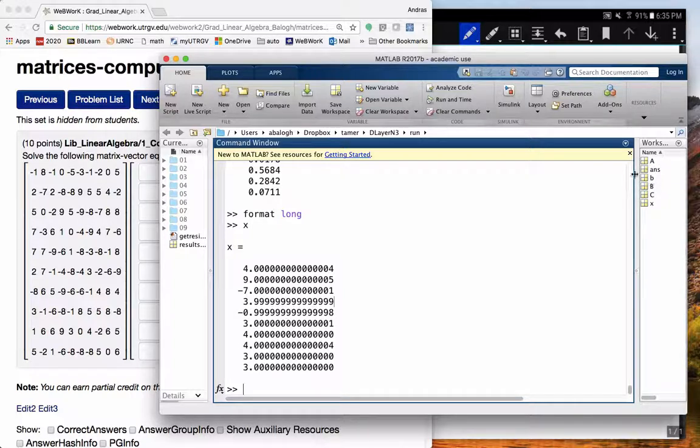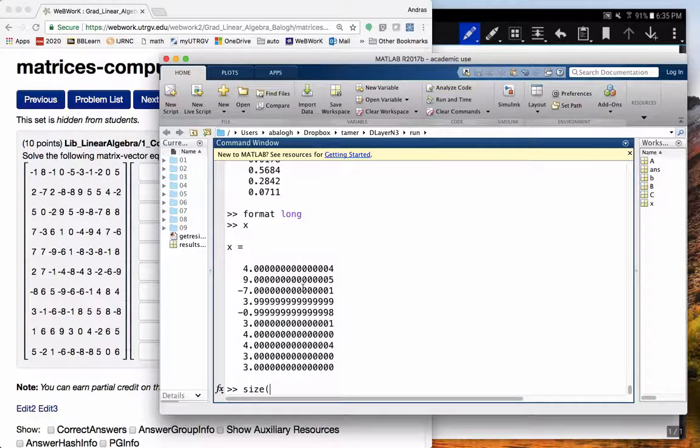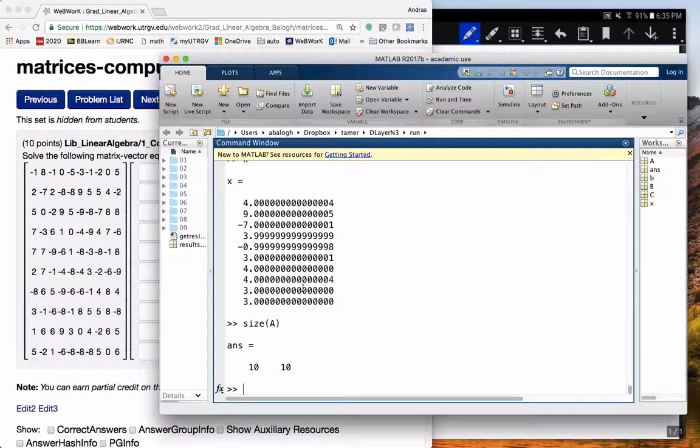Even though MATLAB uses double precision by default, a simple 10 by 10 matrix vector equation already creates enough rounding errors that you don't get precisely the solution.